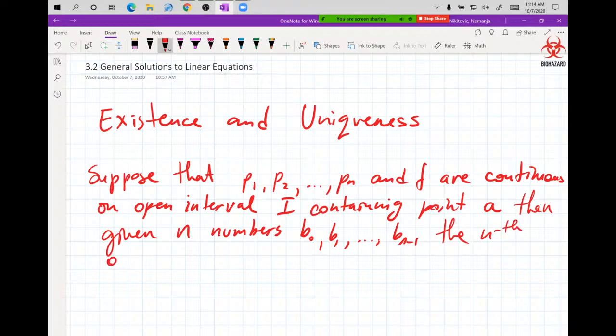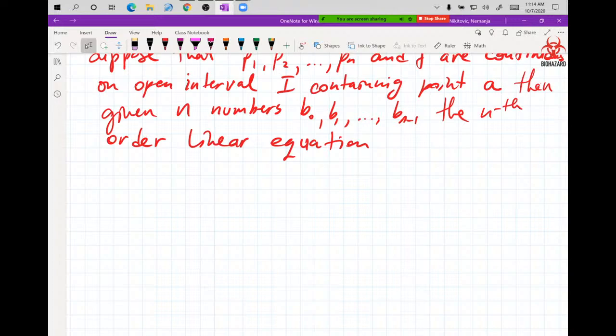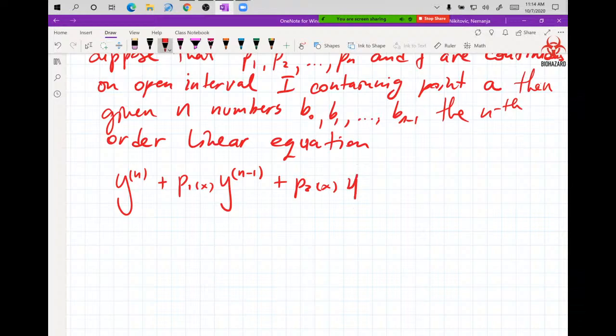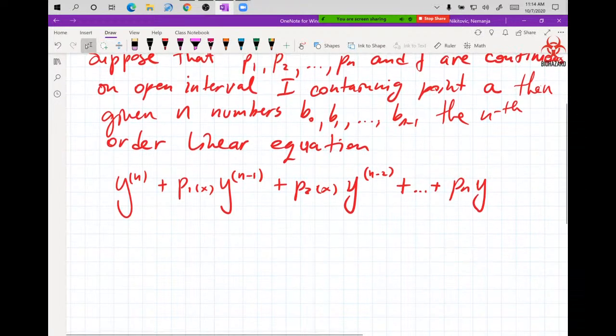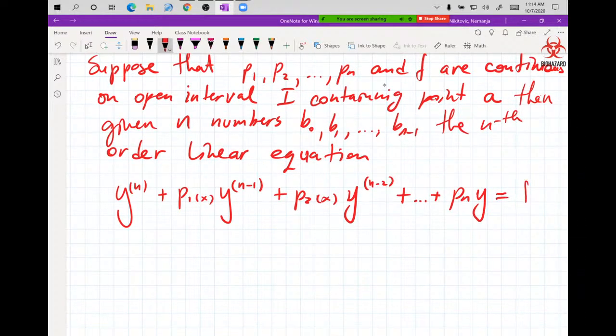The nth order linear equation given by y to the nth derivative plus p1 of x times the (n minus 1)th derivative plus p2 of x times the (n minus 2)th derivative plus dot dot dot plus pn y equals f of x.